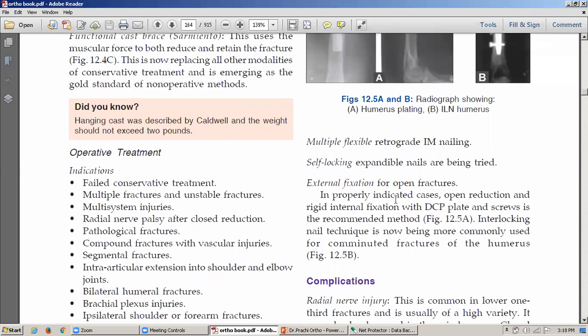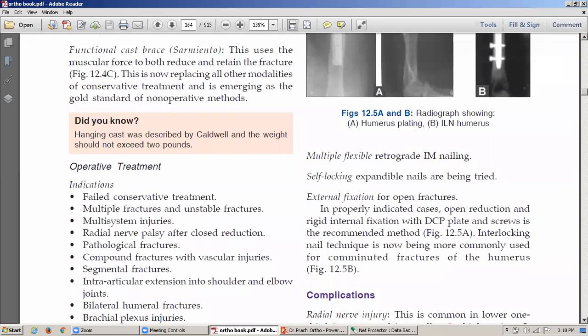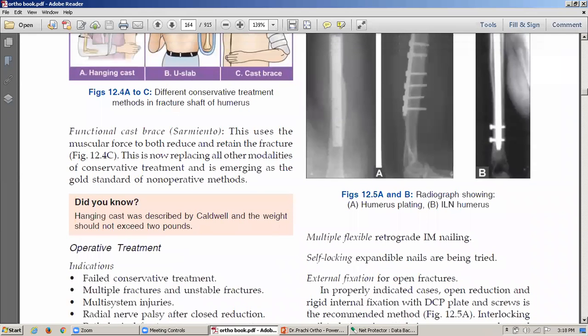So in properly indicated cases, open reduction and rigid internal fixation with DCP plate and screws is recommended. Here you can see in this diagram how there is a plating and the screw is recommended when there are multiple fractures.